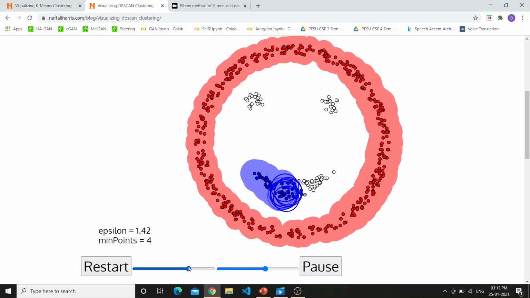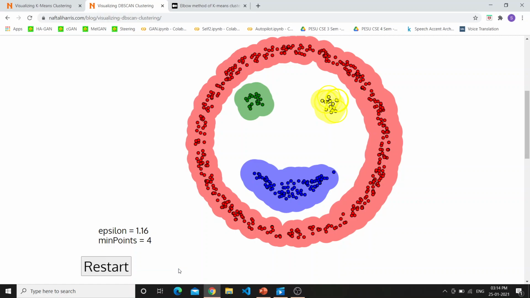So as you guys can see, every single dense area was made its own cluster here. So this is DB scan.